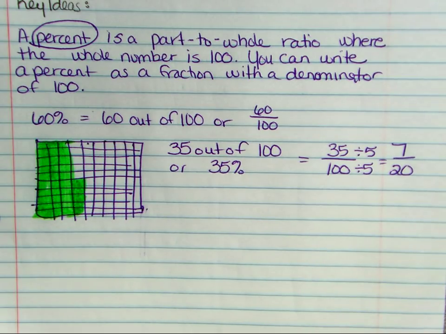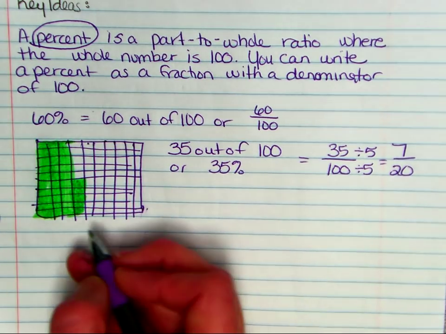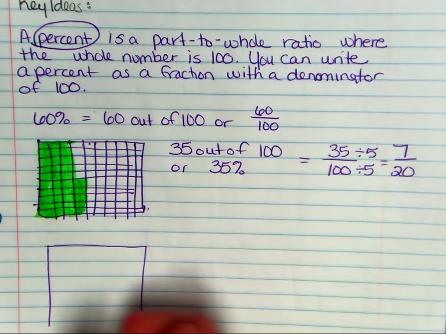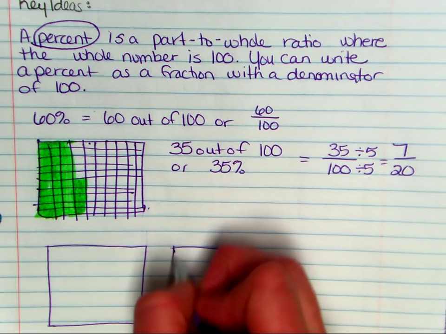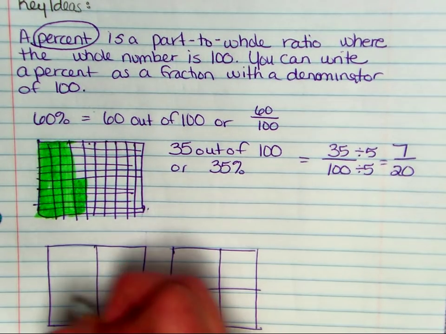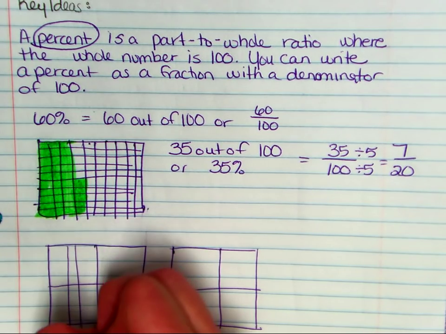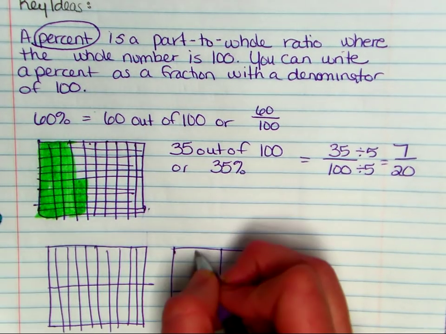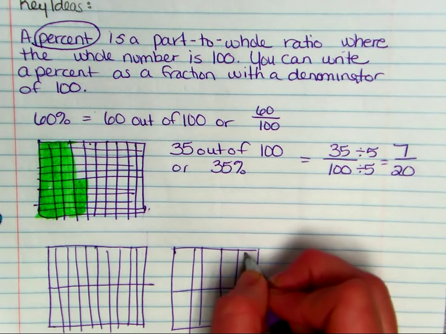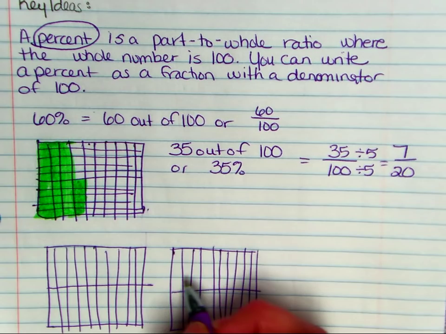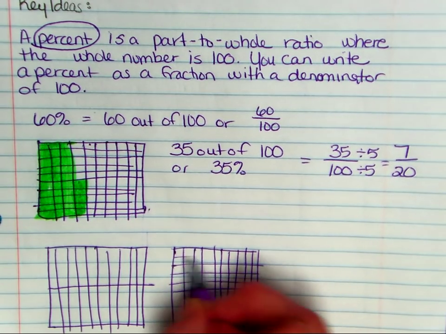Now, you can actually have something even bigger than 100%. So if I were to do this again, and I were to draw now 2 boxes, and I'm going to divide it up into 100 blocks. Like I said, I like to do a column on each side, divide that column, then a column over here, divide it.